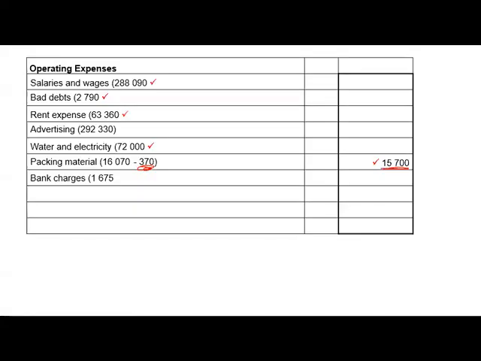And you need to pay attention here because everything we have done is very, very important. So that 360 is the 40 cents. We are missing the 60. So to get your bad debts, you will simply take, let me just do it on the face of my statement of profit or loss, that 360, which is the 40 cents. I need you to understand the 360 is the 40 cents.